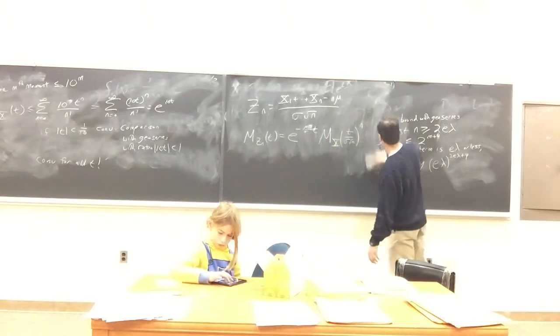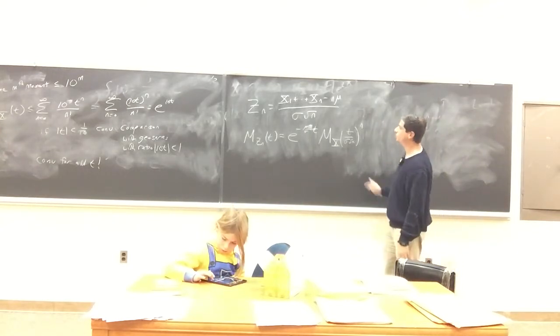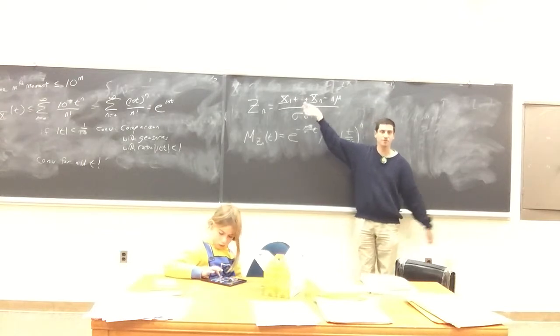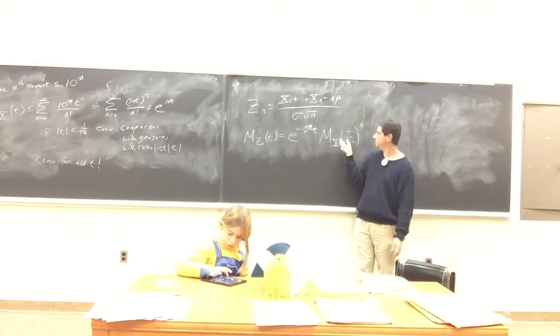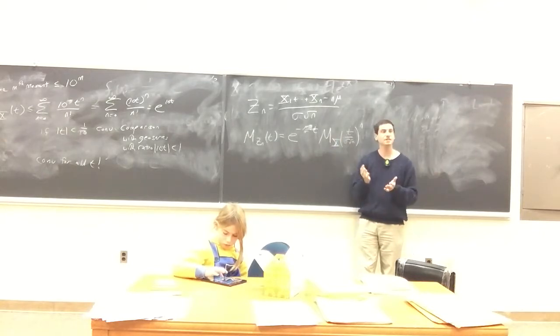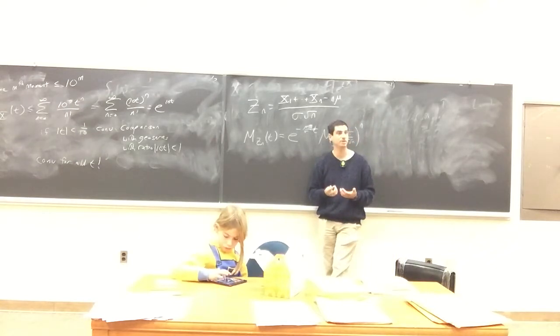If memory serves, this is what we got when we used our formula for the moment generating function of this linear combination, which becomes this product. And so we're really evaluating the moment generating function near 0, which is great because that's where we have the best chance of having things be nice.